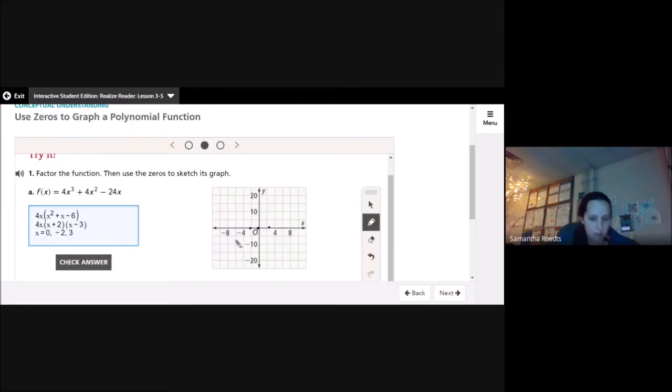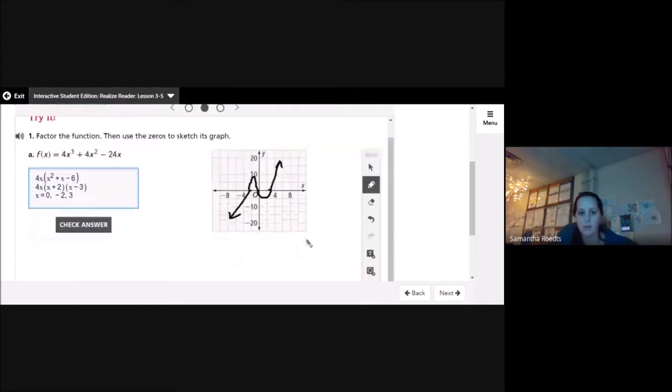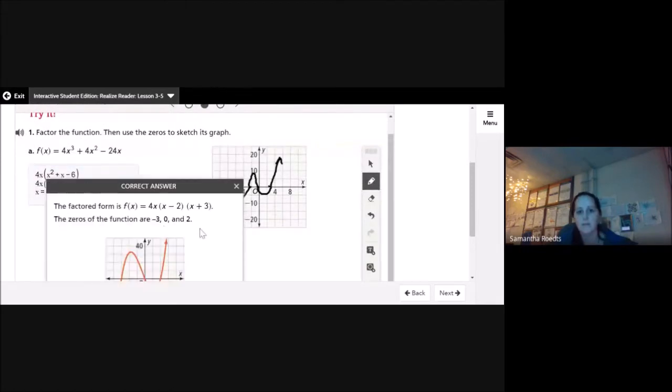All right, so it's going to be negative before, okay, positive from here to here, negative, and then positive again. That's a really, really awful drawing.